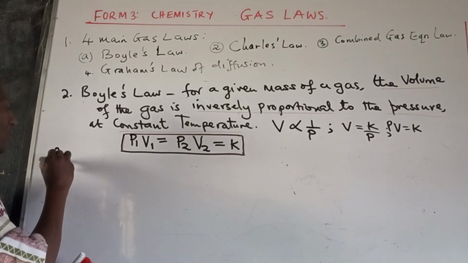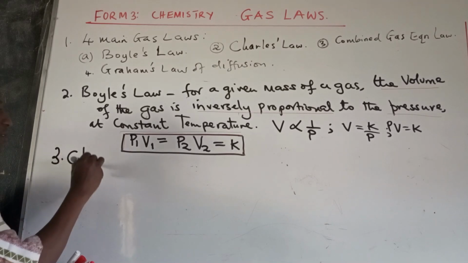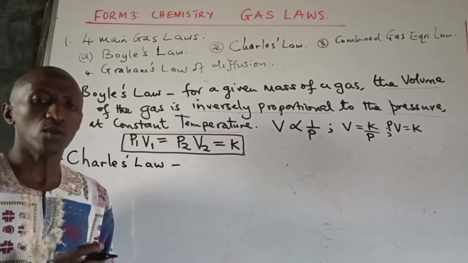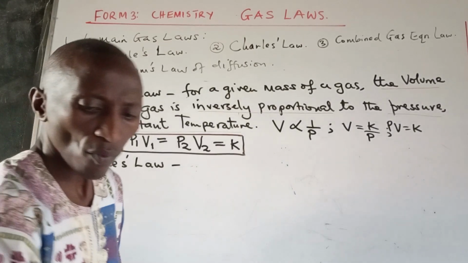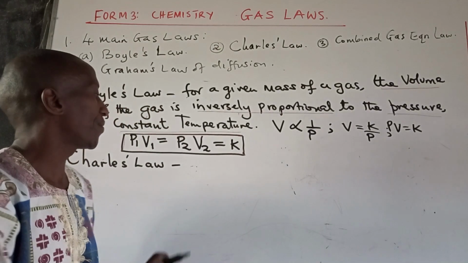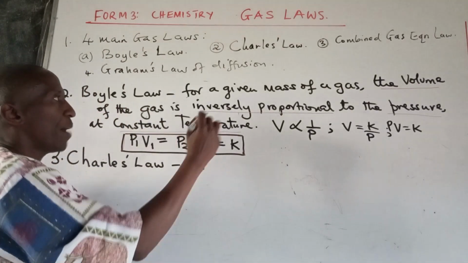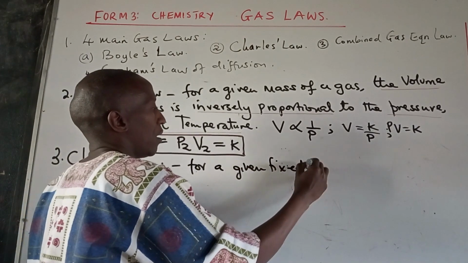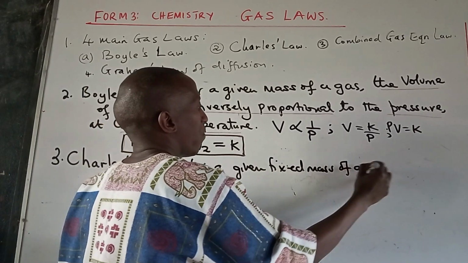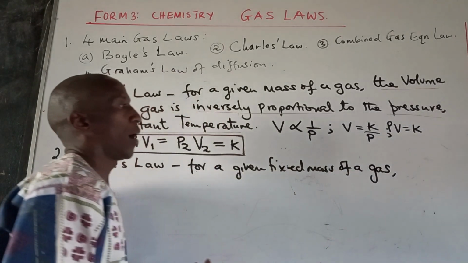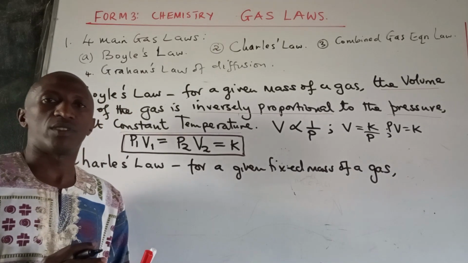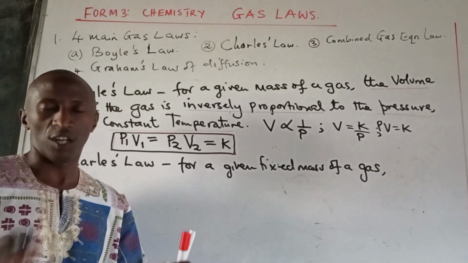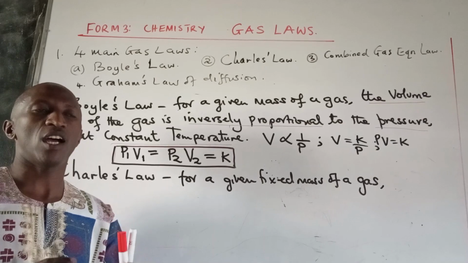Now let's look at number 3, the law of Charles, or what we call Charles' law. Charles' law states that for a given fixed mass of a gas, we look at the relationship between volume and temperature, keeping the pressure constant.